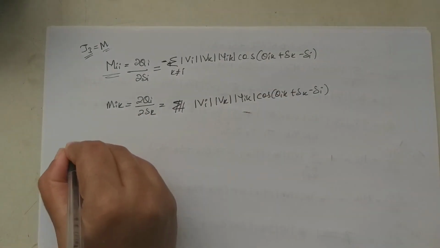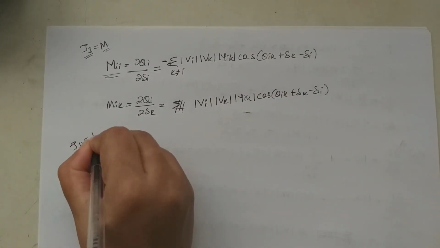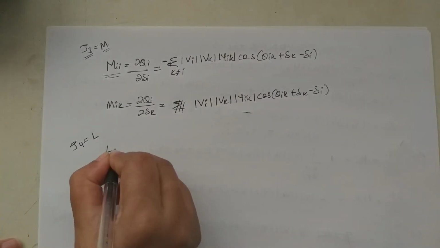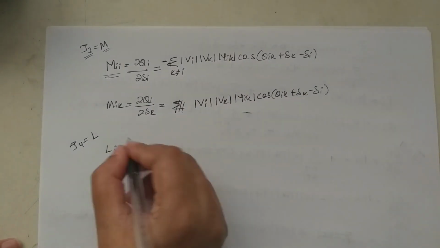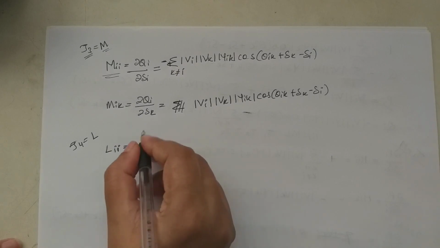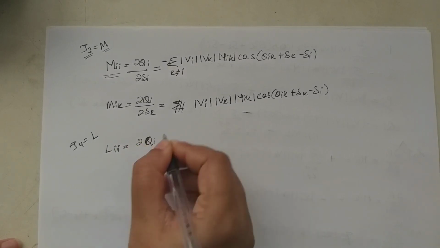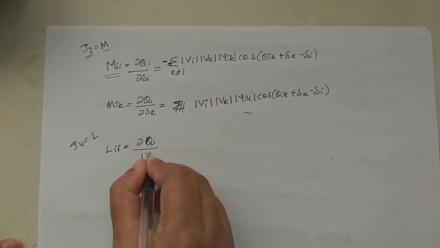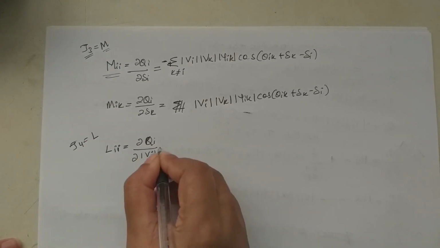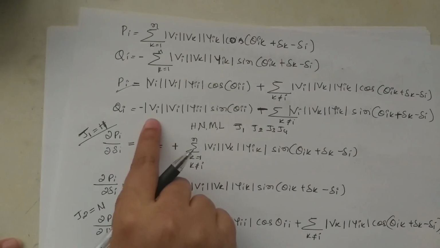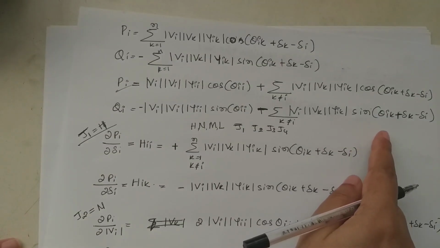Similarly, calculate J4, which is matrix L. We'll calculate the diagonal elements and off-diagonal elements. The diagonal element Lii is the partial differentiation of Qi with respect to Vi. We take the second equation: Vi² Yii sin θii minus summation Vi Vk Yik sin(θik + δk − δi).